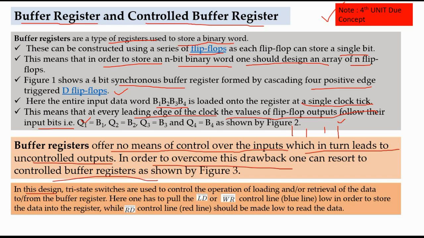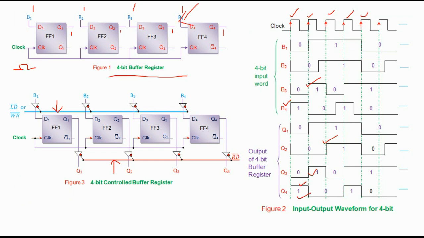In this control buffer design, tri-state switches are used to control the loading and/or retrieval of data to or from the buffer register. One has to keep the load data or write data control line low in order to store the data into the register.